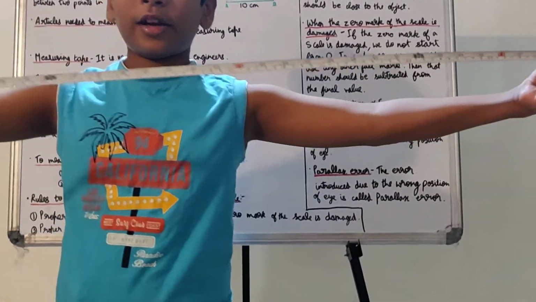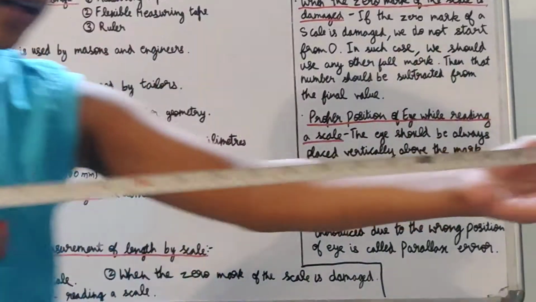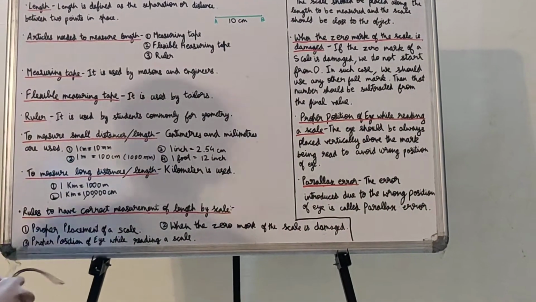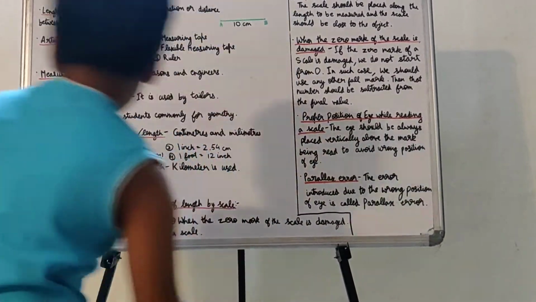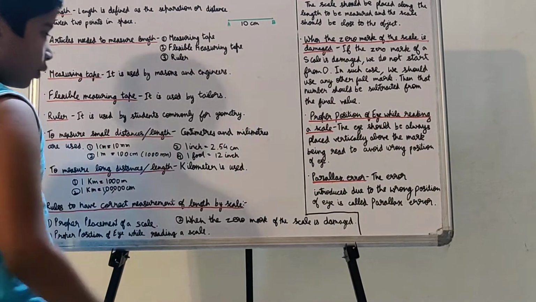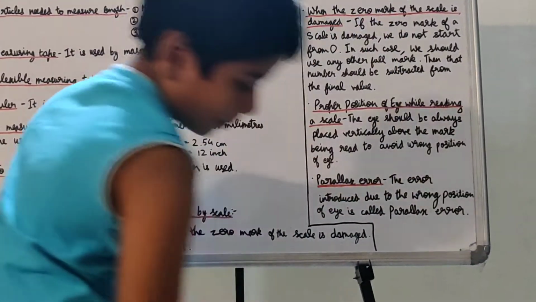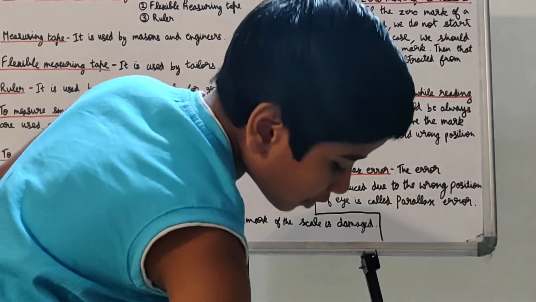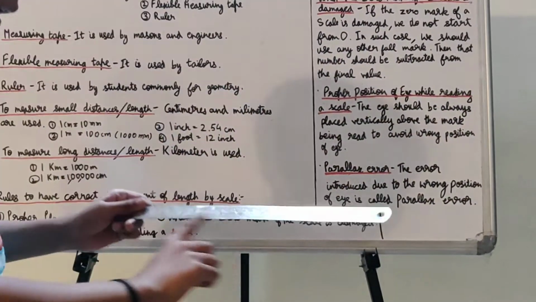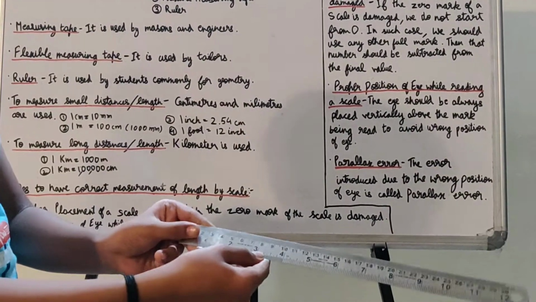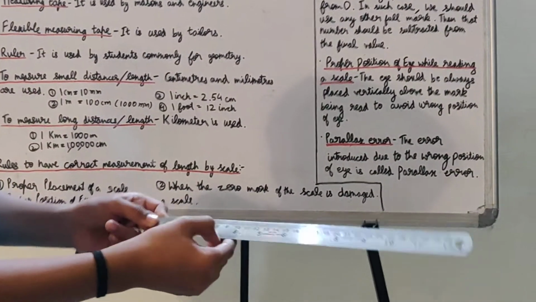This is 1 meter. Then 1 inch is equal to 2.54 centimeters. Now commonly you have seen that on the bottom side of a scale there are small lines.